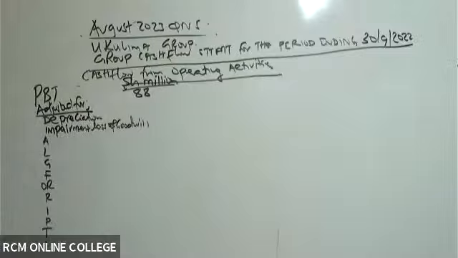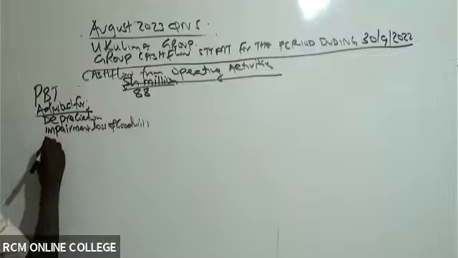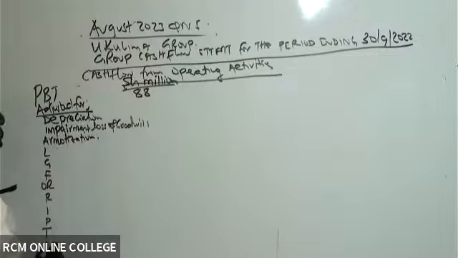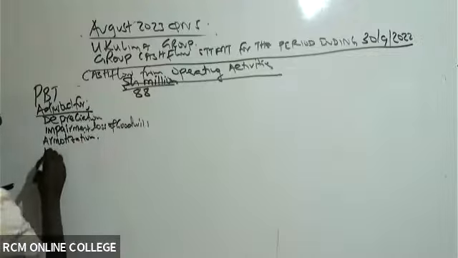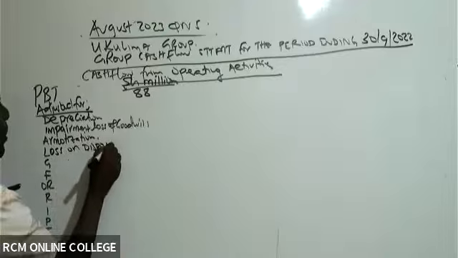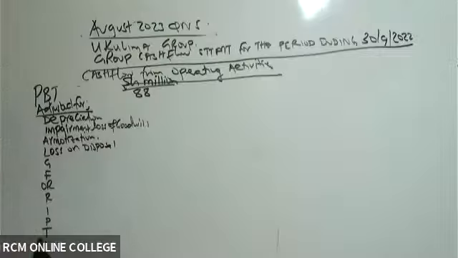It's only for goodwill. We have amortization here. Here we have loss on disposal. Anything you dispose, it could be a PPE item, or it could be a subsidiary disposed of and you made a loss. So loss on disposal.